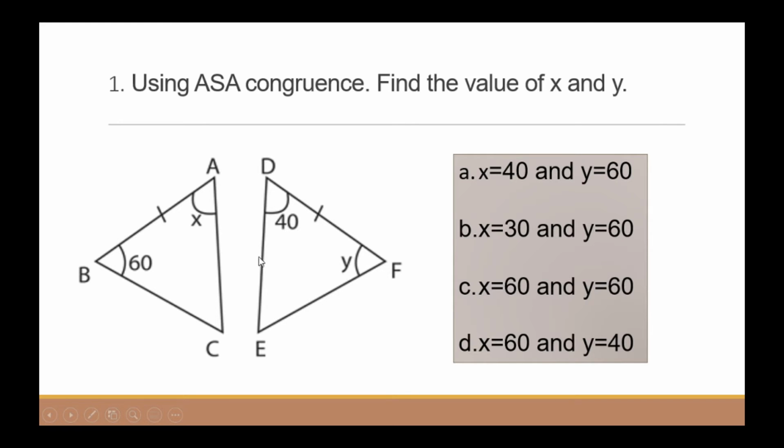What do you think is the value of x and y? Letter A, x is equal to 40 and y is equal to 60. Letter B, x is equal to 30 and y is equal to 60. Letter C, x is equal to 60 and y is equal to 60. Or letter D, x is equal to 60 and y is equal to 40.